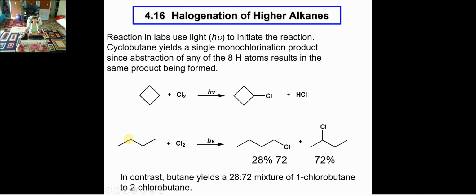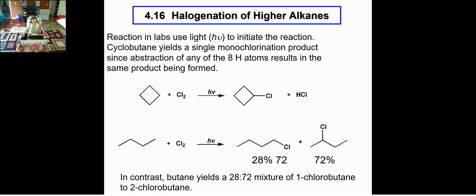Carbons 2 and 3 are both secondary carbons, meaning they have 2 hydrogens, and then you also have these 2 primary carbons with 3 hydrogens each, totally 10 hydrogens: 4 hydrogens connected to the secondary carbons, 6 hydrogens connected to the other two carbons. What should you produce?